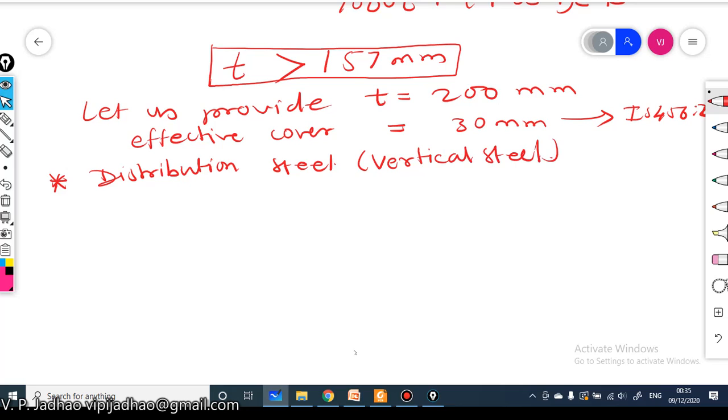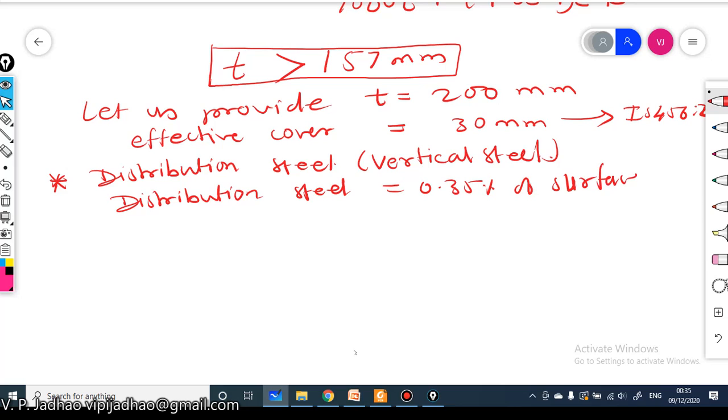Now we know that as per IS 3370 detailing provisions, this vertical steel or minimum steel or distribution steel should be provided at 0.35% of surface zone. Now we know that this thickness is less than 300 mm.